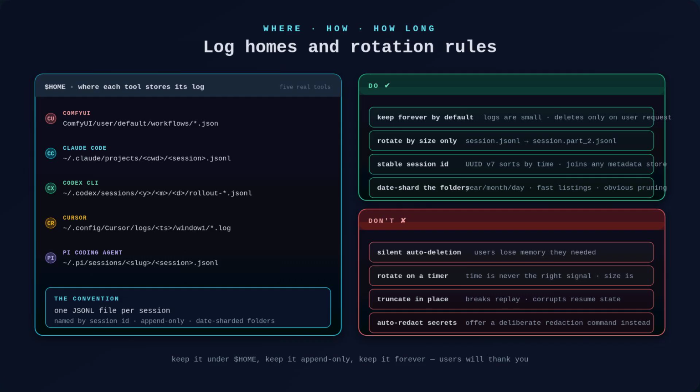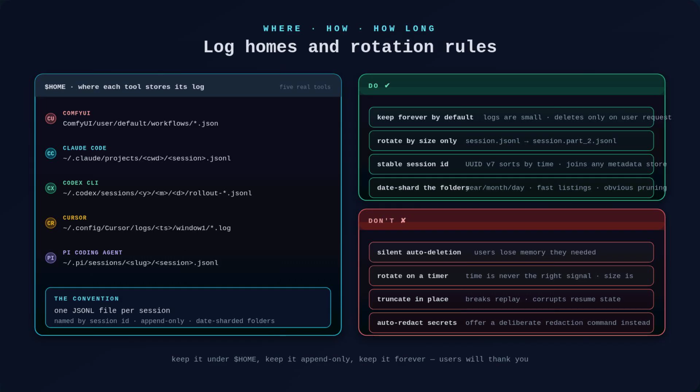Where you put the log matters almost as much as the format itself. Every tool we have looked at chooses a path inside the user home directory, and the specific paths follow a pattern you will recognize quickly. ComfyUI stores its runs either under the install folder or under whatever output directory the user configured for it.